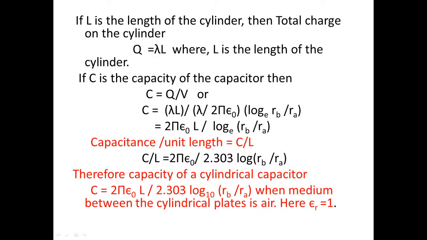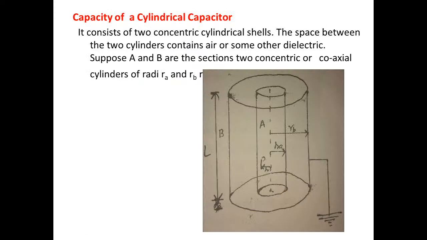If the dielectric medium has dielectric constant K, in that case C by L will be equal to 2 pi K times epsilon naught upon 2.303 log RB upon RA, where RB is the radius of the outer cylinder and RA is the radius of the inner cylinder. This is your RA and this is your RB. So in this way you can find the capacity of a cylindrical capacitor.